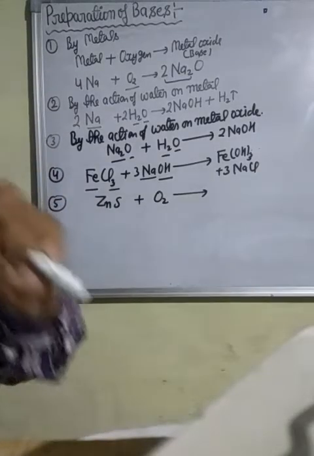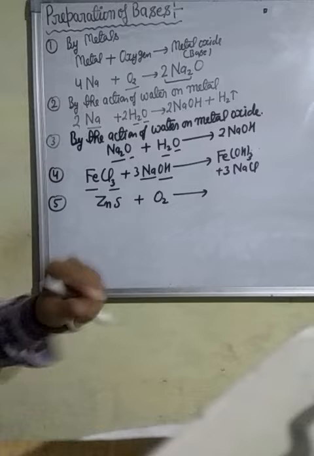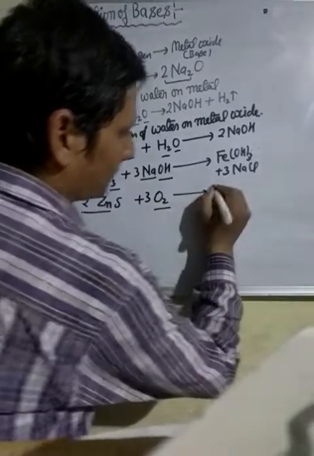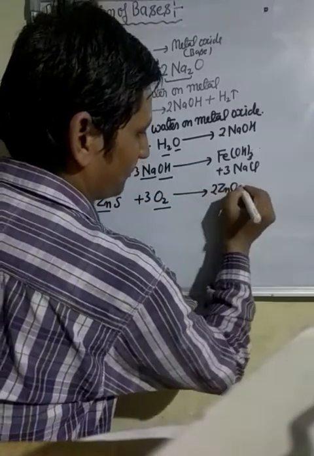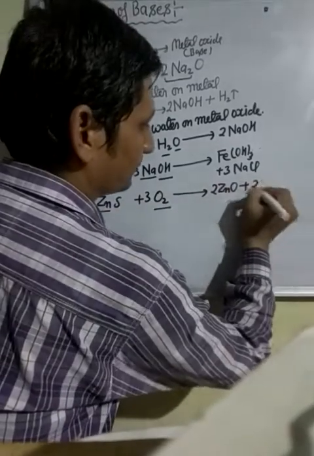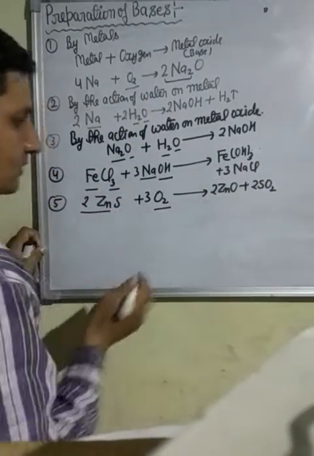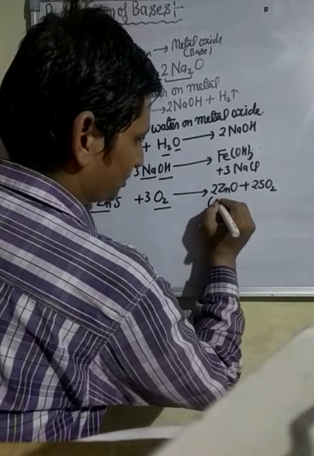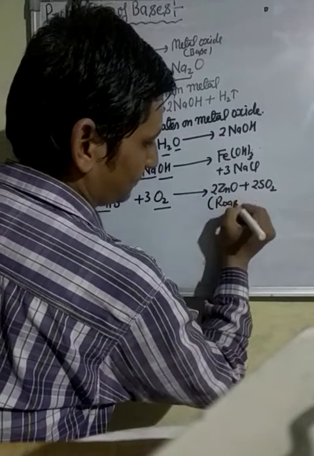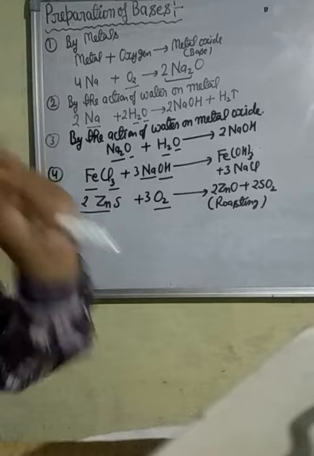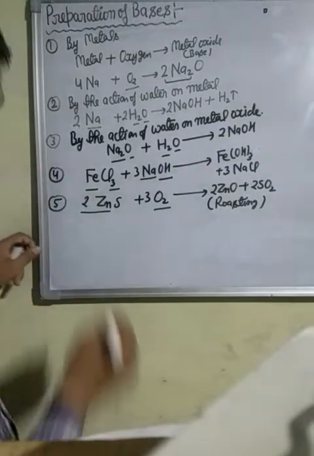I am telling you the name of this process is roasting. 2ZnS plus 3O2 gives 2ZnO plus 2SO2. Students, this process is called roasting. So please learn it. This is a most important process. In the last 10 years, it has come 5 to 6 times in board exams.